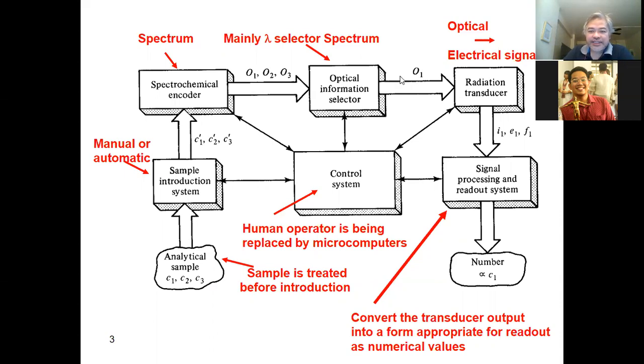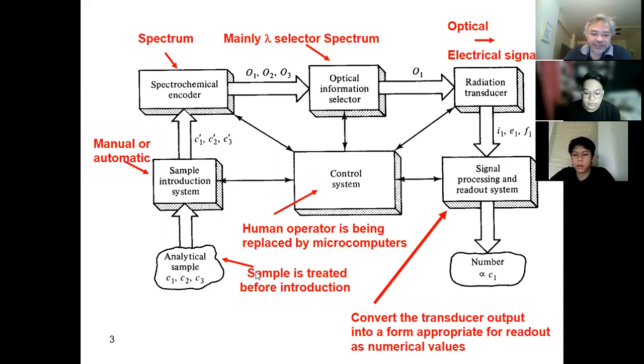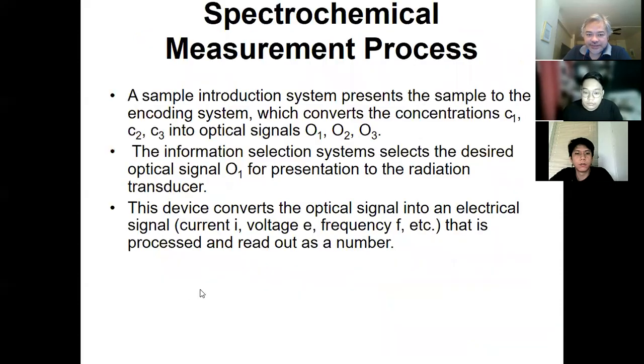The optical signal is converted to an electrical signal related to the concentration, and then they process the number that comes out to relate to the concentration of the sample being analyzed.